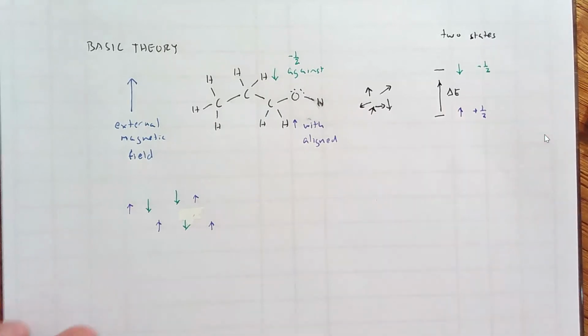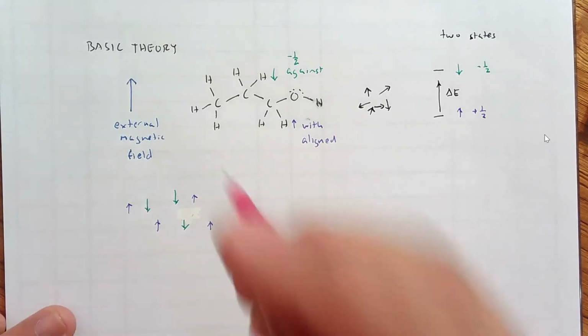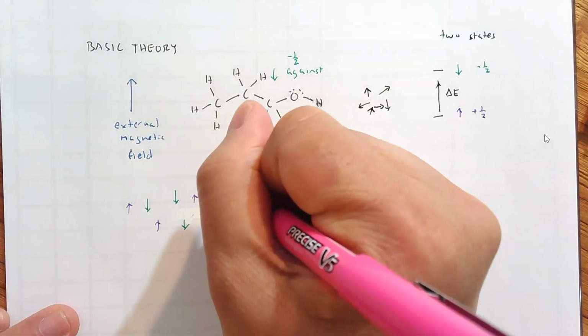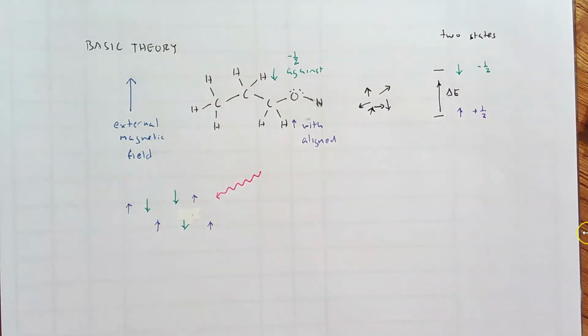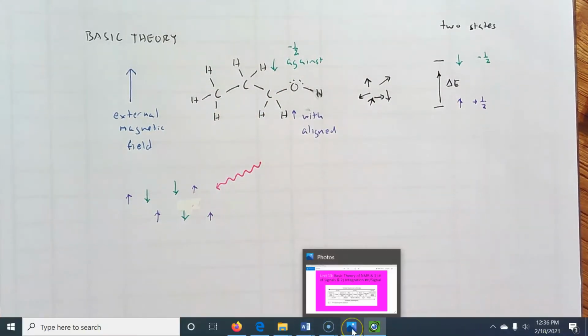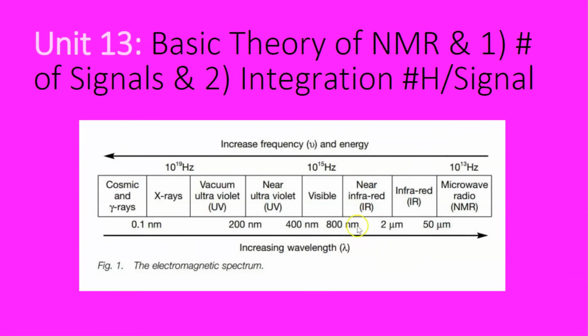All right, so we have this set up in the spectrometer, and we hit it with electromagnetic radiation. I should have reminded us that this is all based on electromagnetic radiation absorption. In IR, we were absorbing light waves that are in the IR region to what?